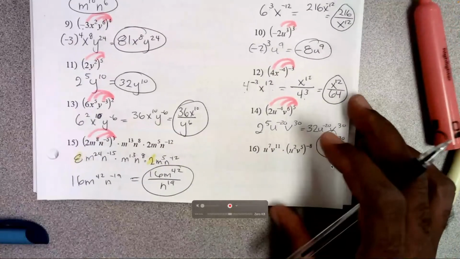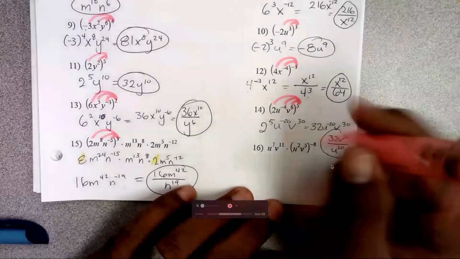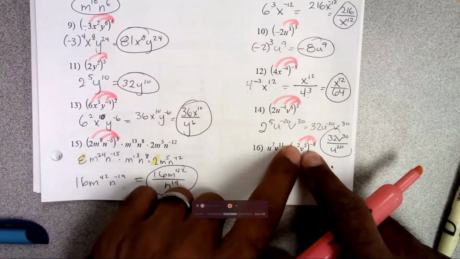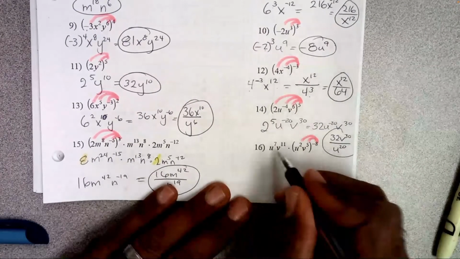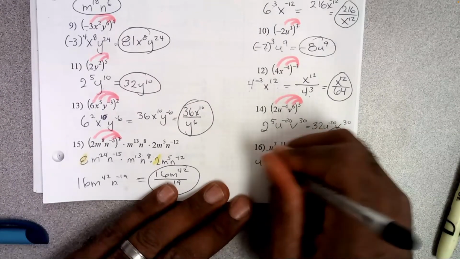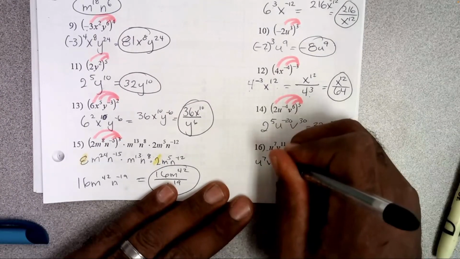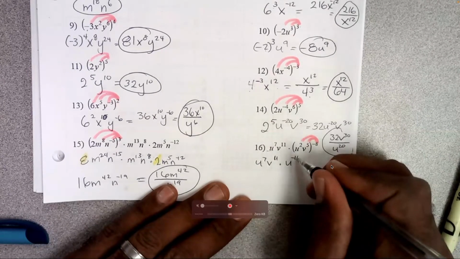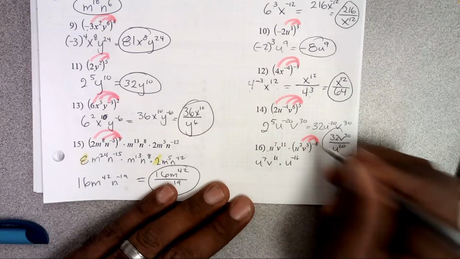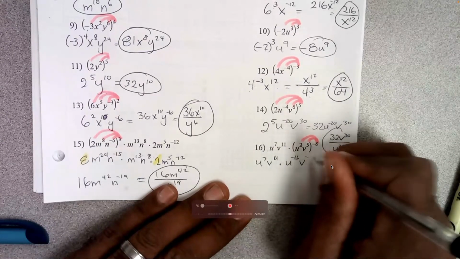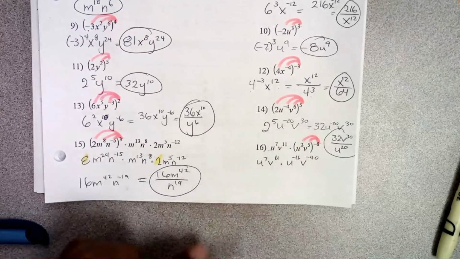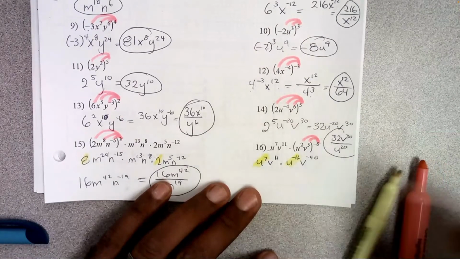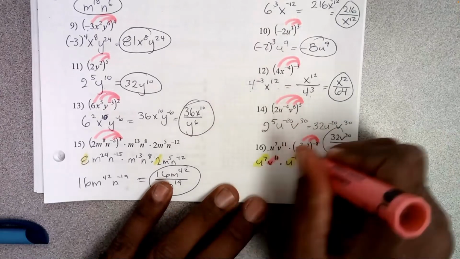Okay, all right, last one here. So again, start with the ones in parentheses, so distribute, first multiply that exponent. All these 2s, we're just going to bring them down to the next step. So that'll be u to the negative 16, 2 times negative 8, 5 times negative 8, that's going to be v to the negative 40. Okay, and then we're just going to combine the ones that are the same. So u goes with u, and then v goes with v.